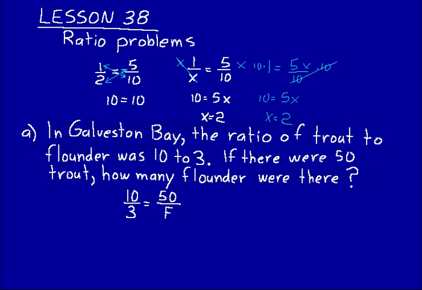So now let's go ahead and cross multiply here and solve for this. We'll say 10 times F is 10F is equal to 3 times 50, which is 150. Now if we divide both sides by 10, we'd end up with 15 flounder. So F equals 15. That's our answer.